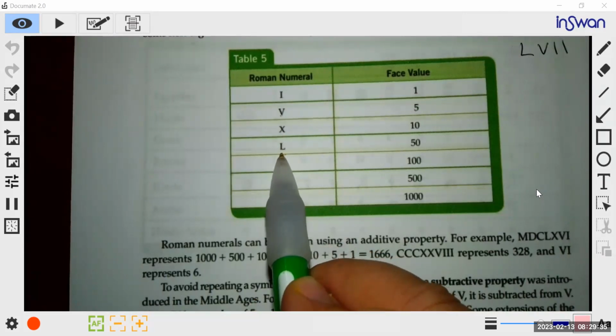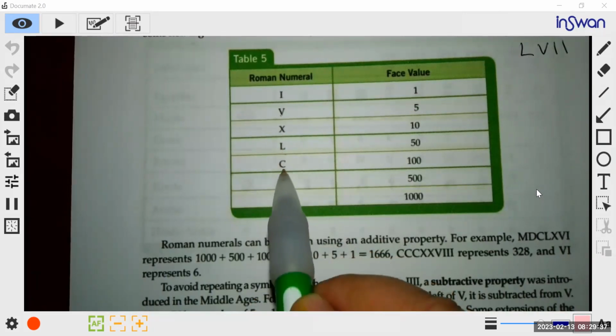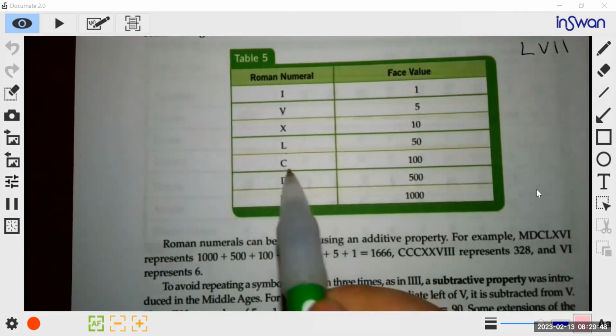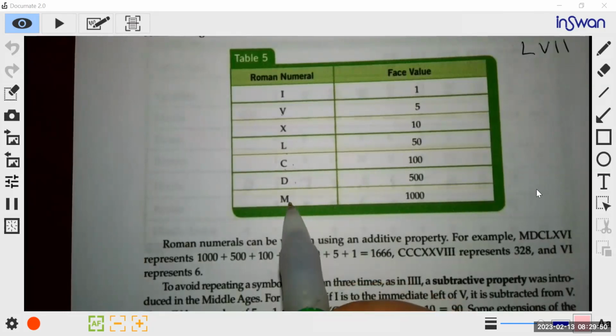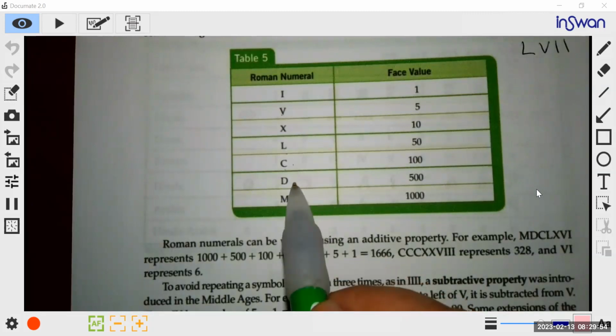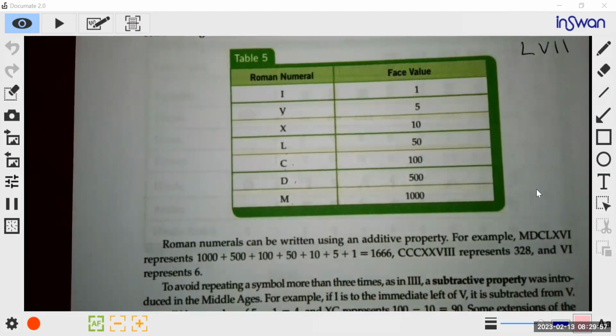L is 50. C is 100. D is 500. And M for milli is 1,000. Centi, deci, and milli. So C is 100, D is 500, M is 1,000.